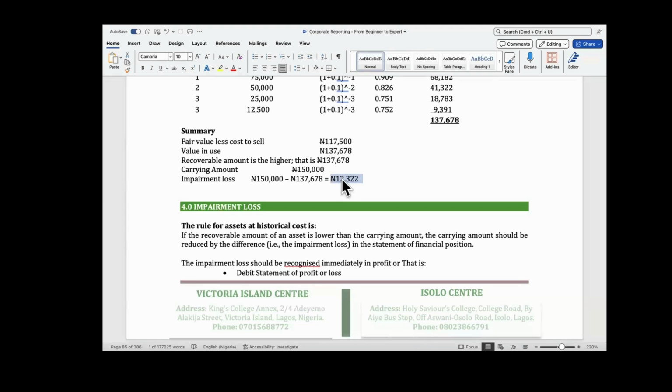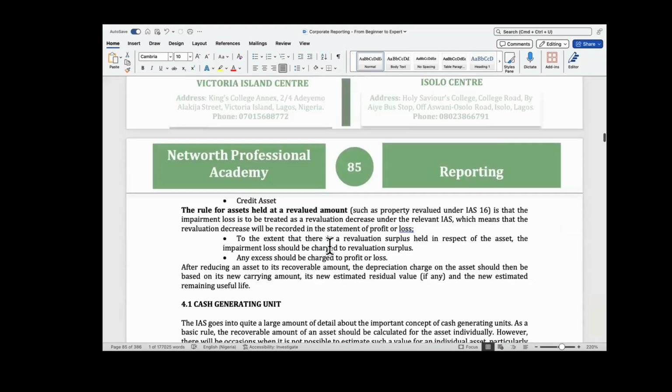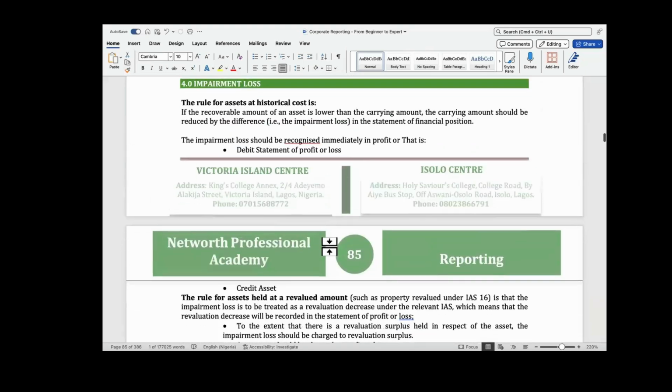Really, for impairment loss, if they tell you that on this asset there was an earlier surplus, that's the only situation where the impairment loss will not go to P&L; it will go to OCI to net off against that surplus.